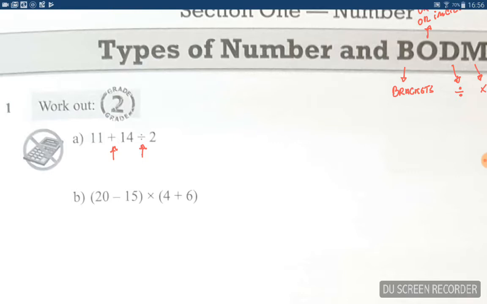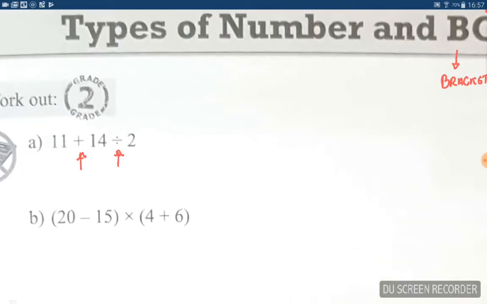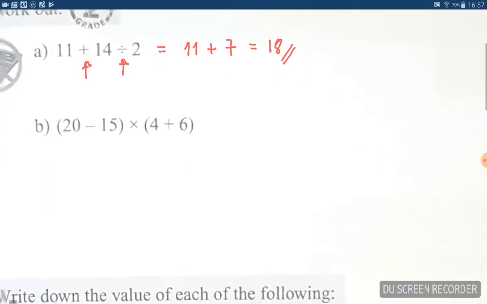So we have to do the second operation first. 14 divided by 2 is 7. So now we have 11 plus 7, which is 18. And there we have our solution of this operation.